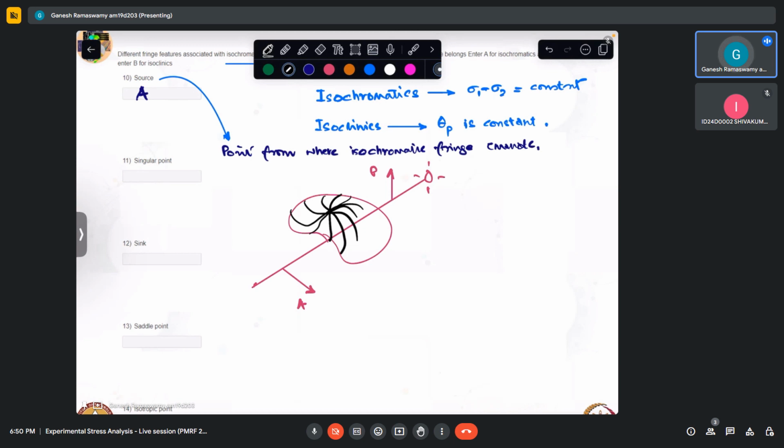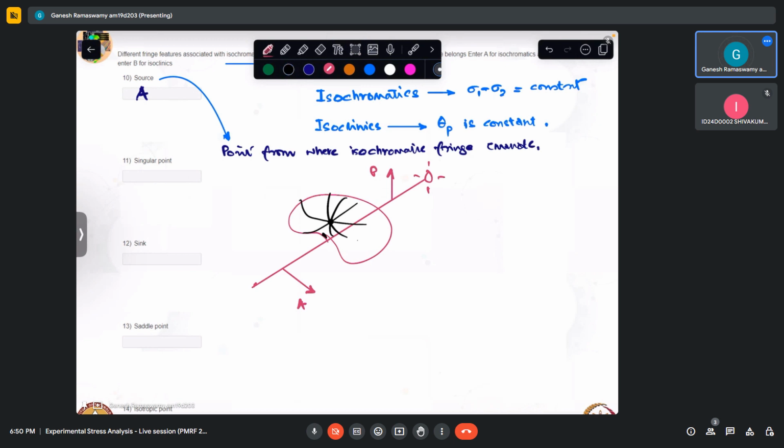Now another peculiar thing happens: it need not cross at a point like this. This I have shown especially to emphasize a point. So when it happens somewhere at a point where it is not loaded, let us say somewhere in the middle of the domain, we are able to see that many isoclinics basically cross at a point. So what does that imply?